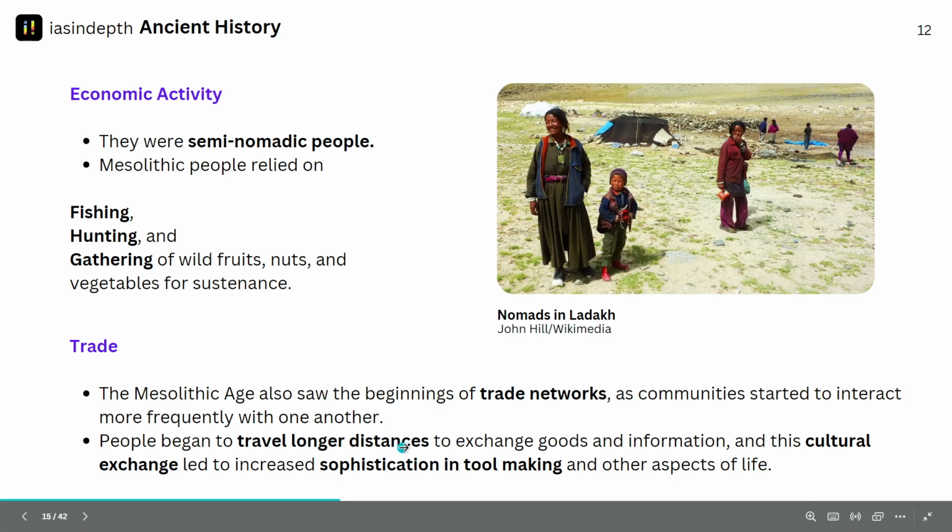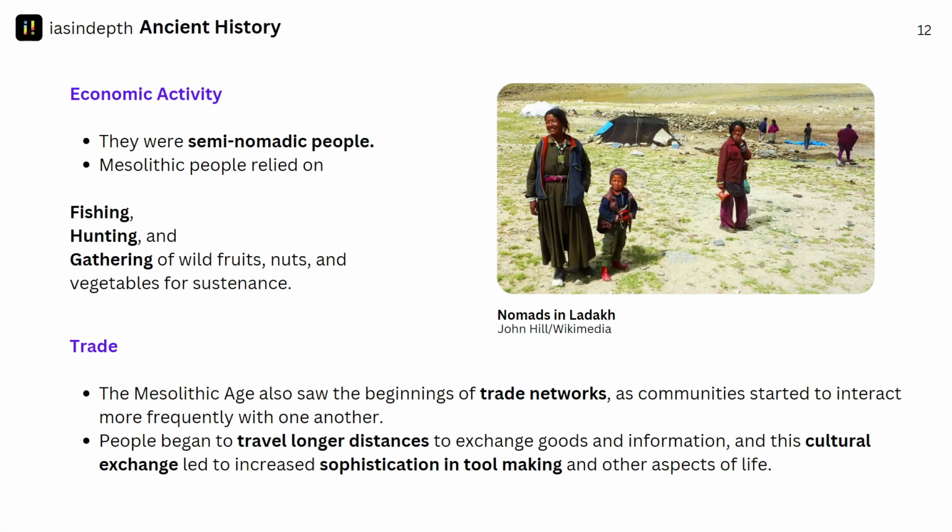This cultural exchange led to increased sophistication in tool making, advanced goods making, and also an improvement in the aspects of life because of constant interaction with other communities. The information gained from others' experience immensely helped people living in different parts of the world during the Mesolithic period.